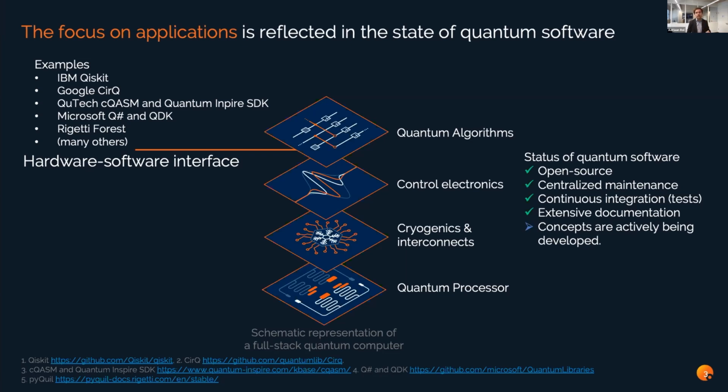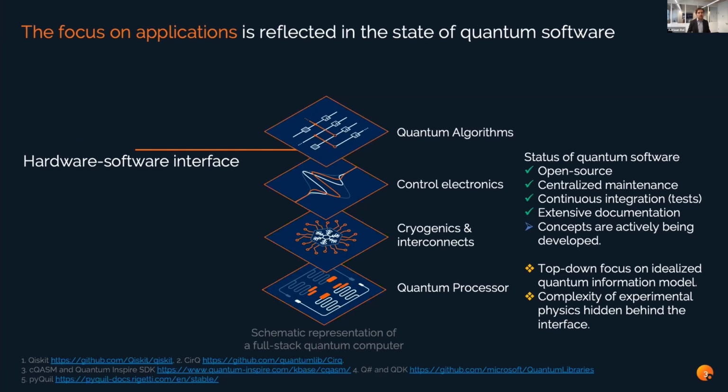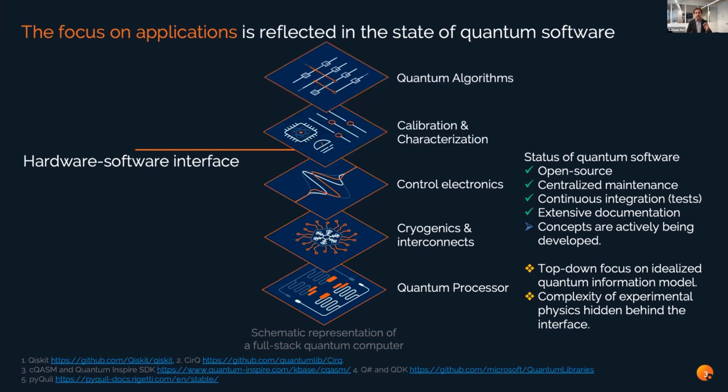So very impressive work. However, it's also very much focused top-down, meaning it's focused on this end-user application. And all the complexity that's actually in the experimental physics is completely hidden away. And that's really the layer where we're focusing on, this calibration and characterization problem. And that's what I'll be talking about.